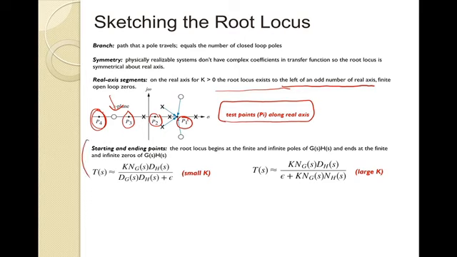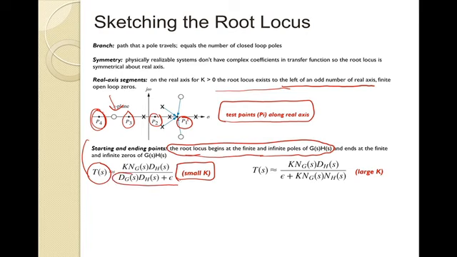What we'll find is, based on our closed loop transfer function T(s), in the limit of k being very small, you could think of k approaching 0 here, which is shown on the left. The root locus begins at the finite and infinite poles of G(s)H(s).